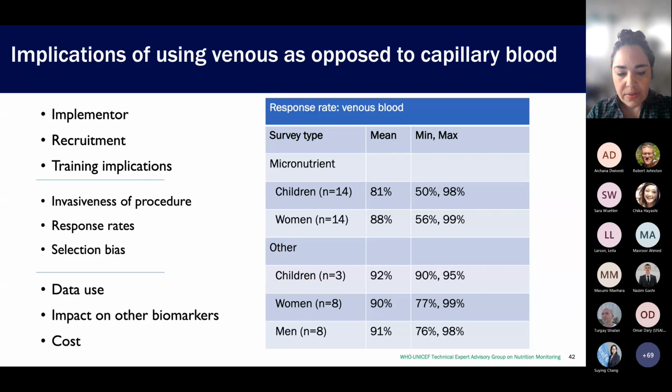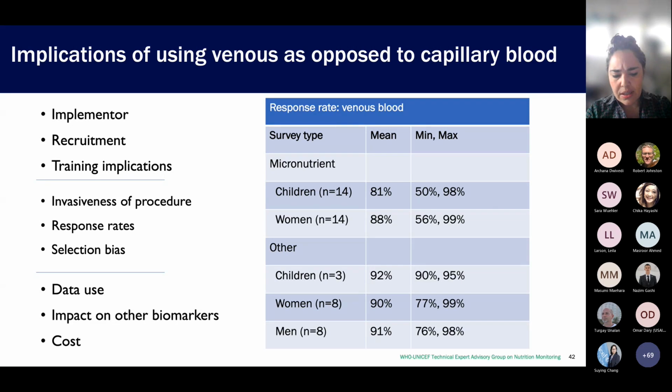In terms of the impact on other biomarkers, as Leila mentioned, venous blood would allow for the potential of doing more biomarkers. However, this is only possible in a survey context if extensive logistics are added to allow for lab-based testing. And increasing the number of biomarkers can affect the quality of the other components of a survey, particularly if it's a multi-topic survey that has many moving pieces.